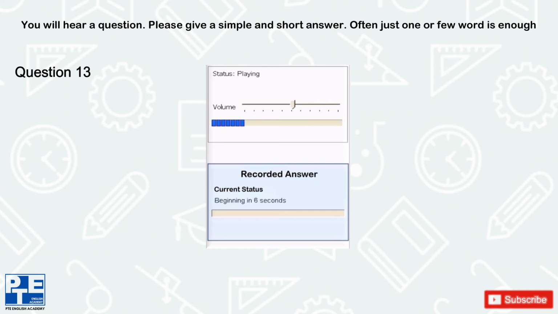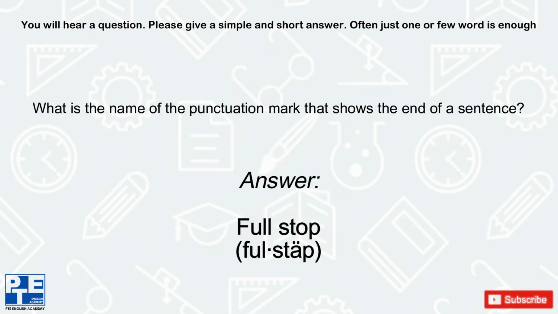What is the name of the punctuation mark that shows the end of a sentence? Answer: full stop.